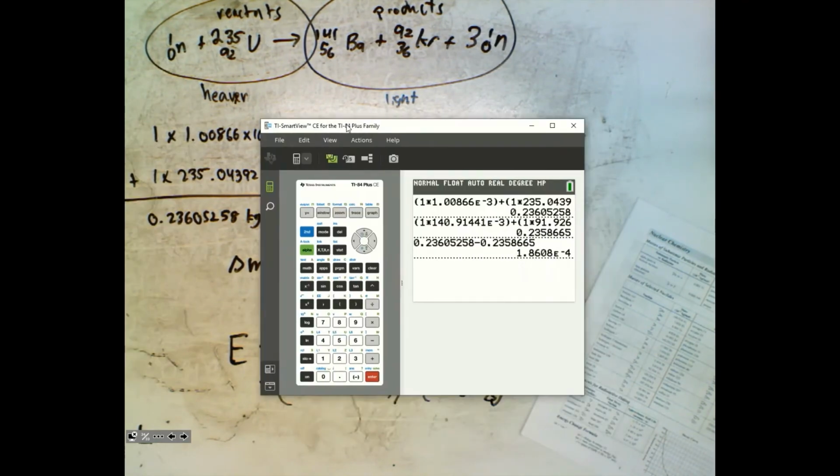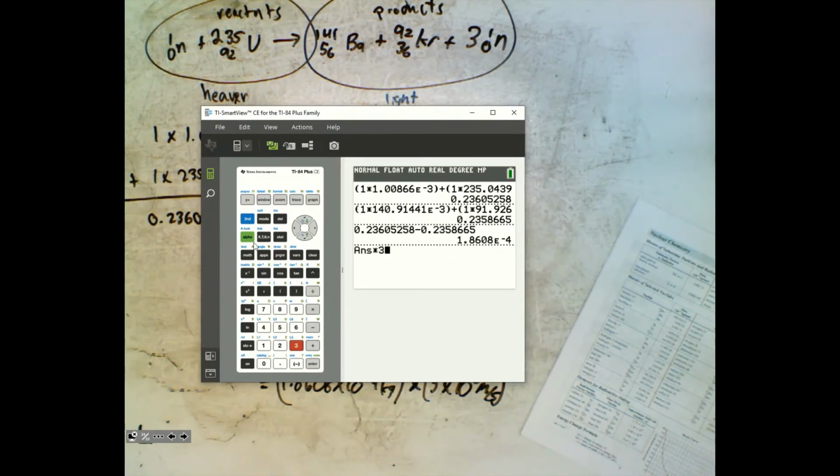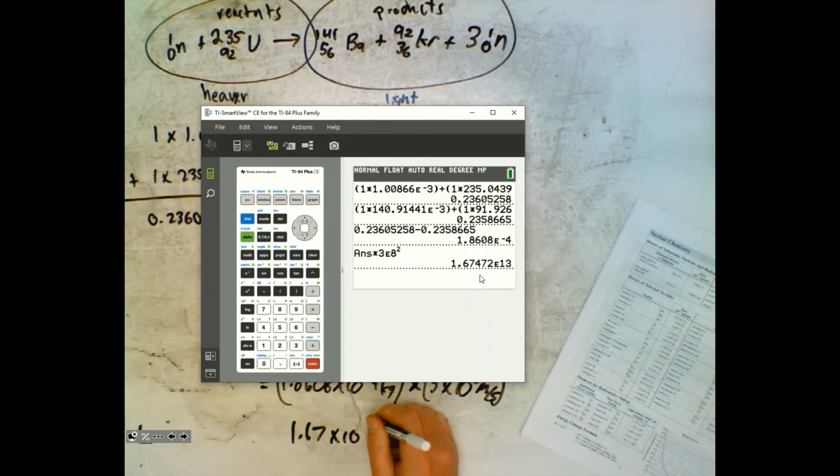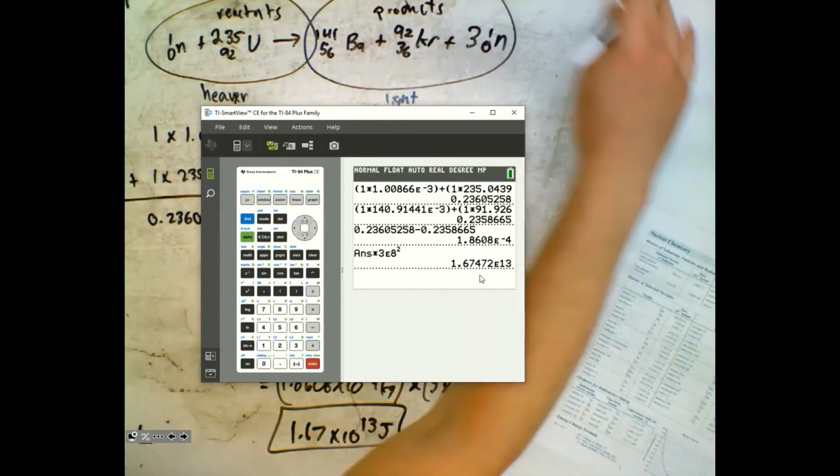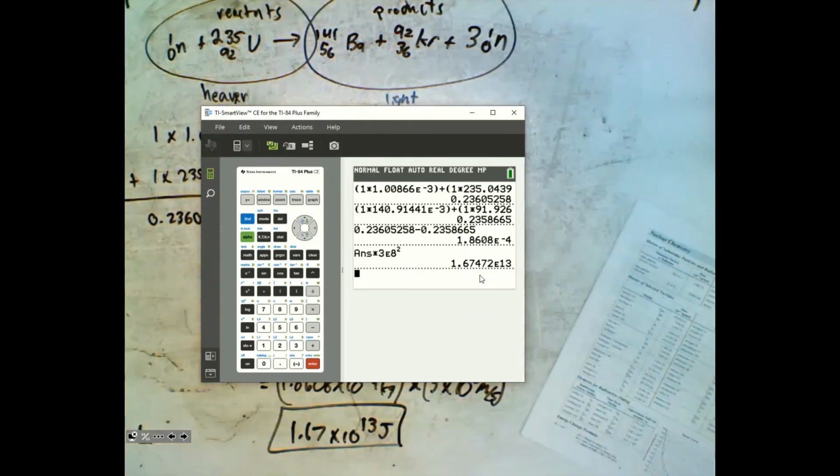So I'm going to take my answer, multiply it by the speed of light squared, and this is how much energy was released in the reaction. So I would go 1.67 times 10 to the 13 joules of energy is released in the reaction. Okay, that's it.